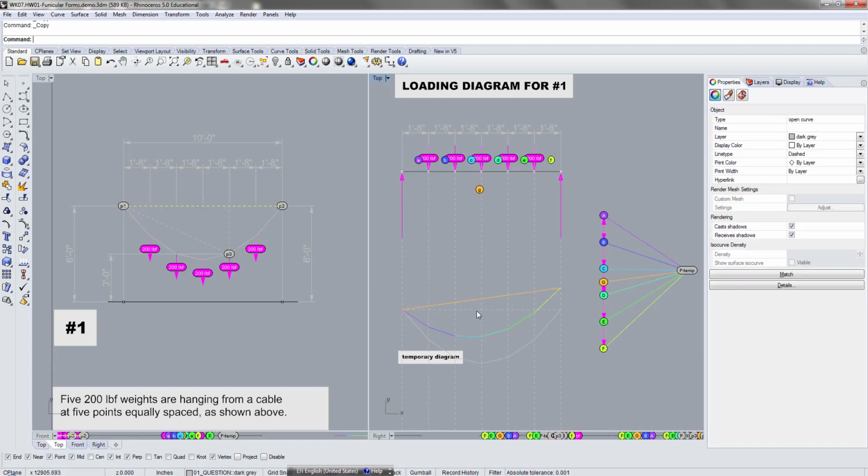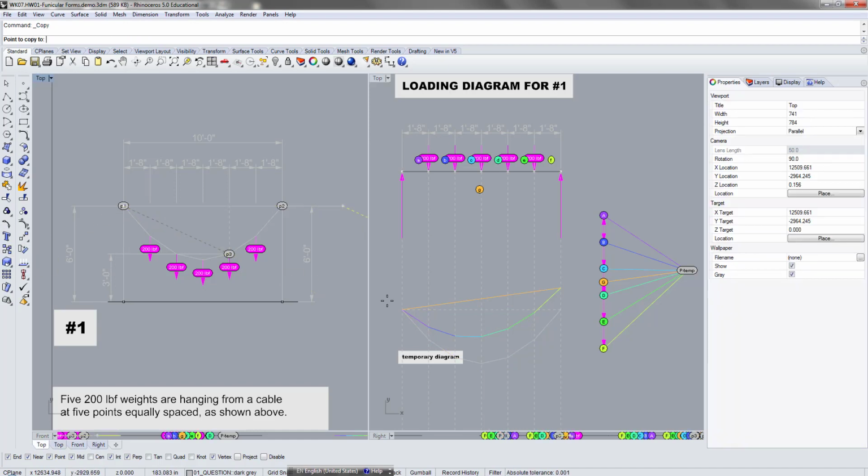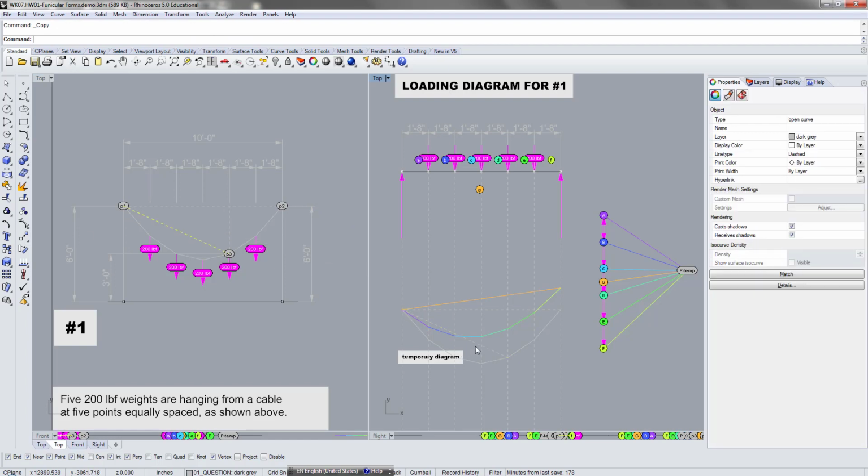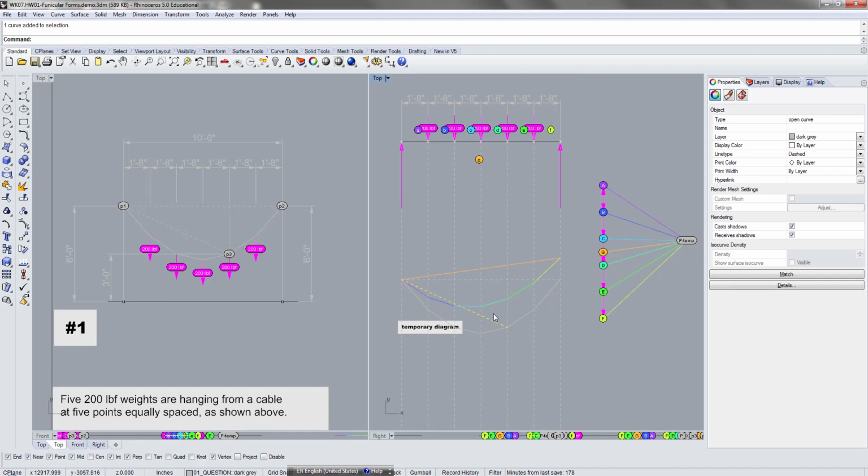So it's going to have to look something like this, and what we know is that, again, the closing line is going to be horizontal, but another thing that we know is this line right here that connects P1 and P3 is also kind of fixed. In this case, this is going to go from the leftmost point to the 1, 2, 3, 4th vertical line. So that's actually another kind of fixed line or geometry.